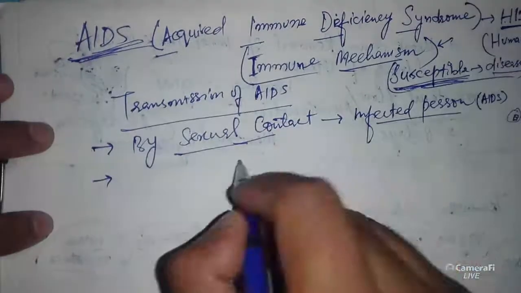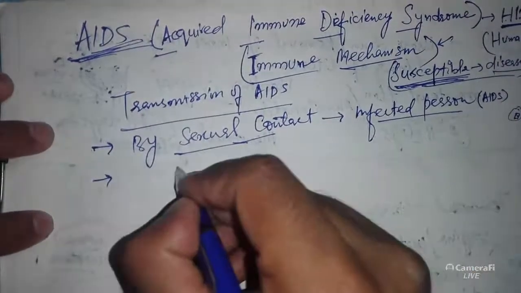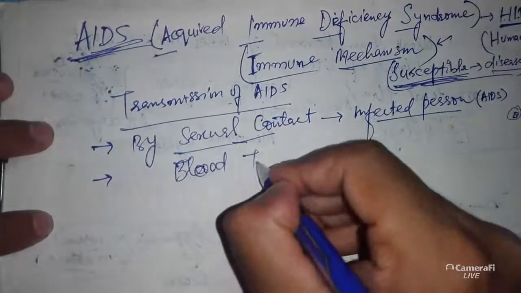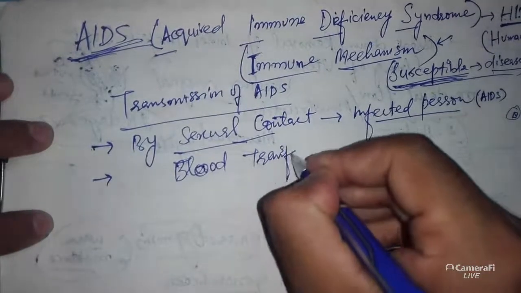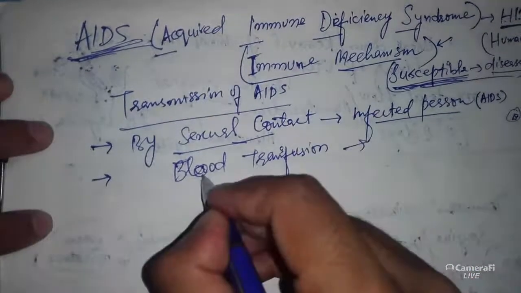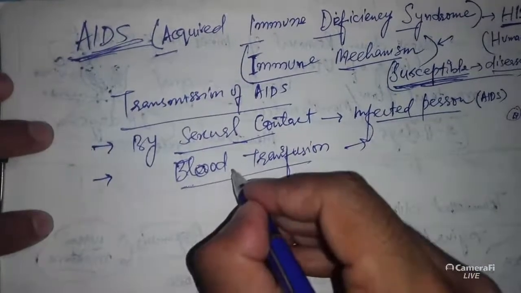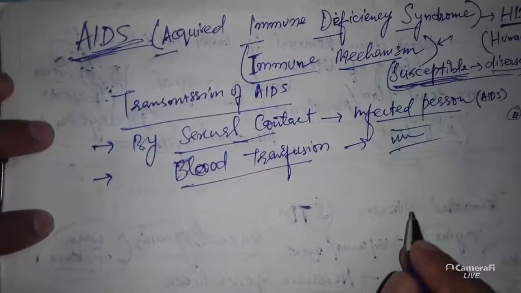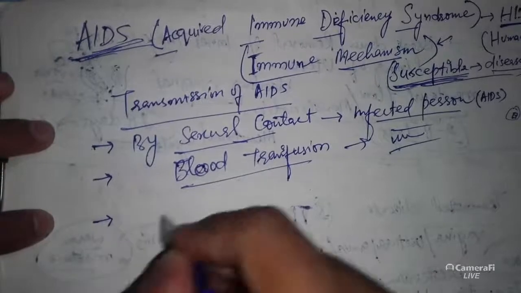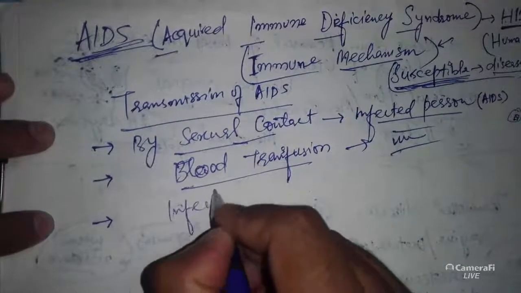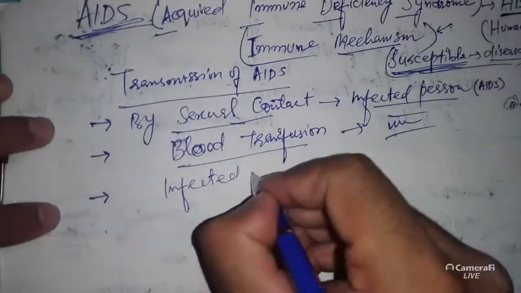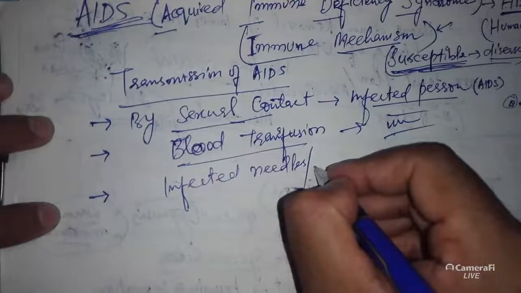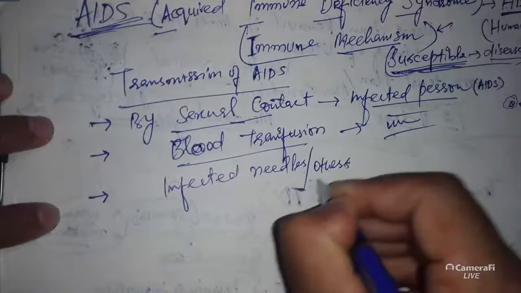Then by blood transfusion. When we transfer blood from the infected patient to a healthy patient, the healthy patient will also get infected with the virus. Then the next way can be by the use of infected needles, or others.